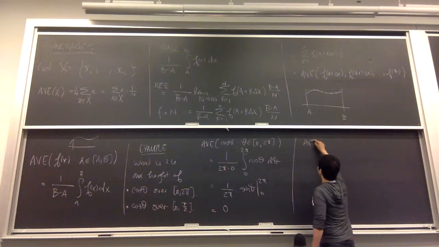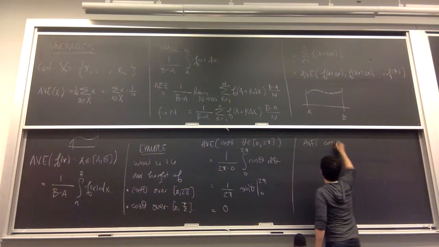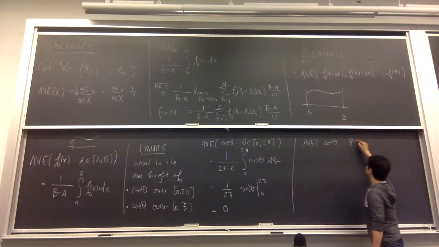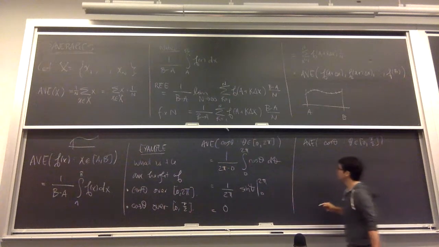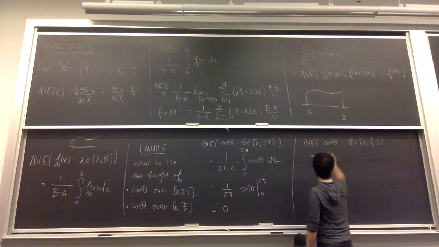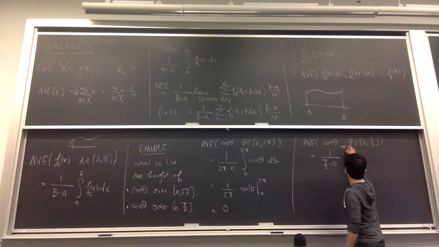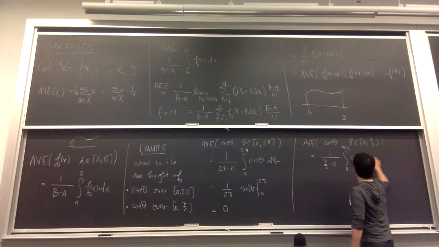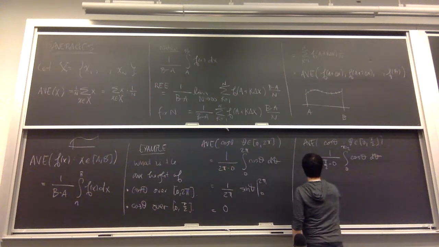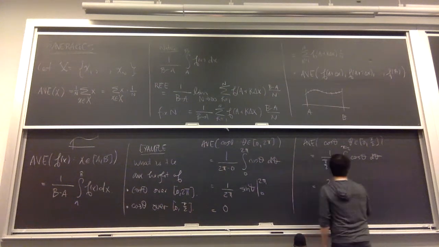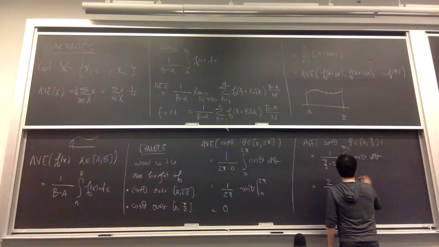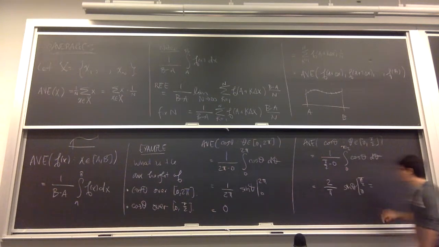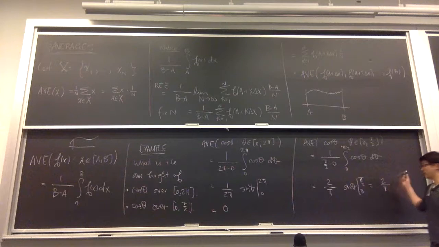It's just the average value of cos theta such that theta is in this interval now, which is going to be equal to 1 over pi half minus 0, integral 0 to pi half of cos theta d theta, which is equal to 2 over pi times sine theta from 0 to pi half, which ends up evaluating to 2 over pi.